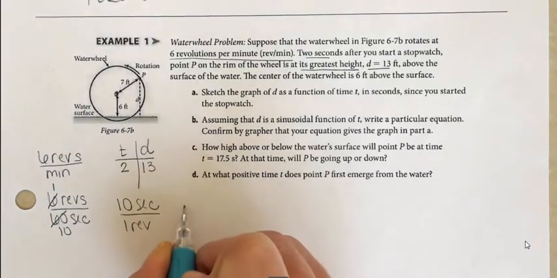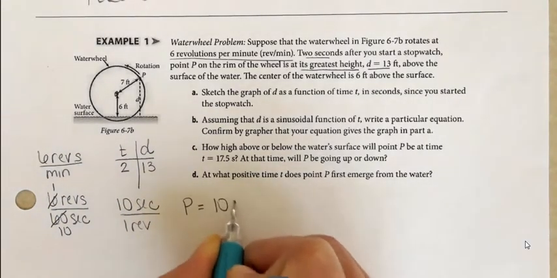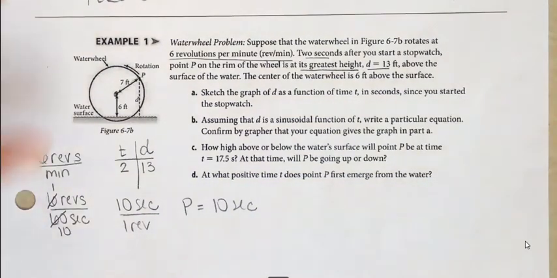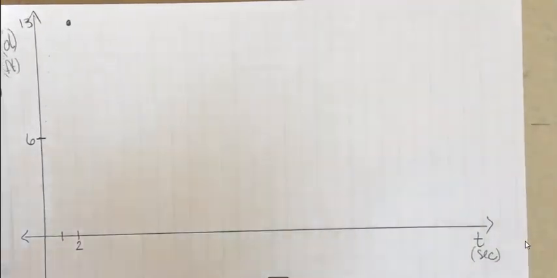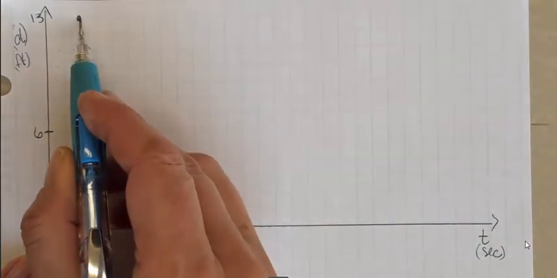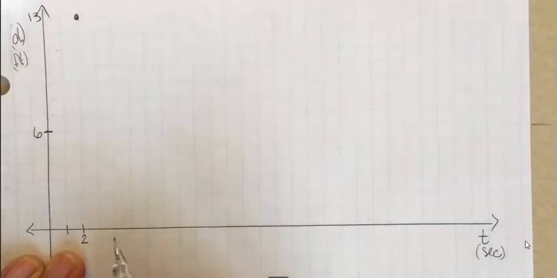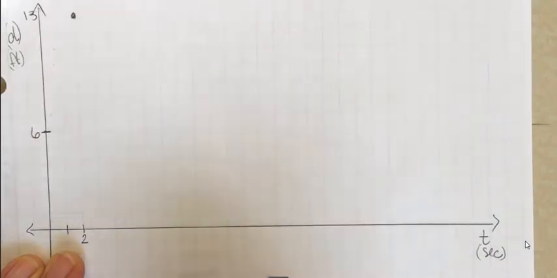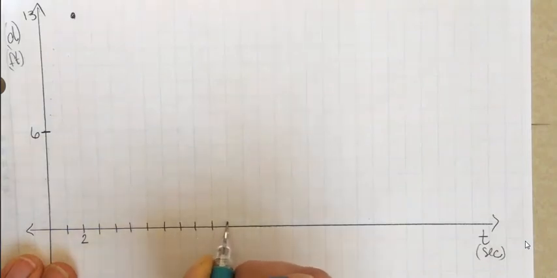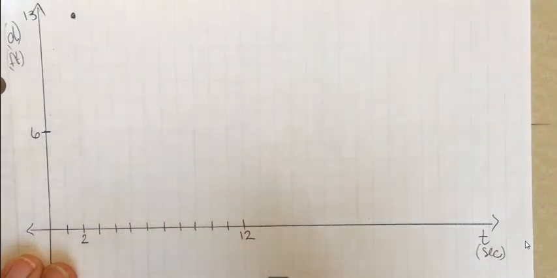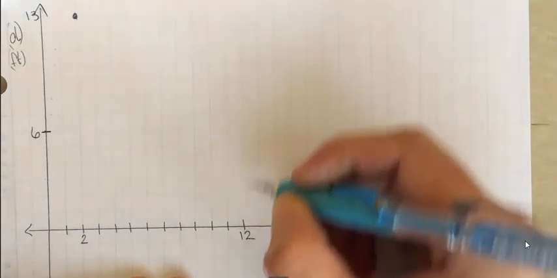So basically here my period is 10 seconds. So that helps me figure out where my next highest point is going to be. The next time I'm at 13 feet is going to be 10 seconds later, which is at 12 seconds.